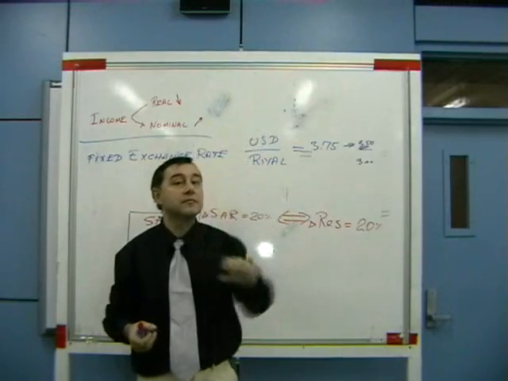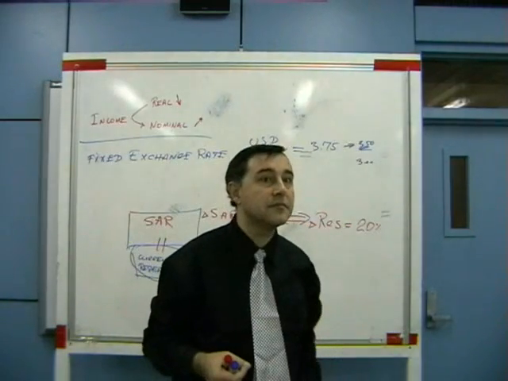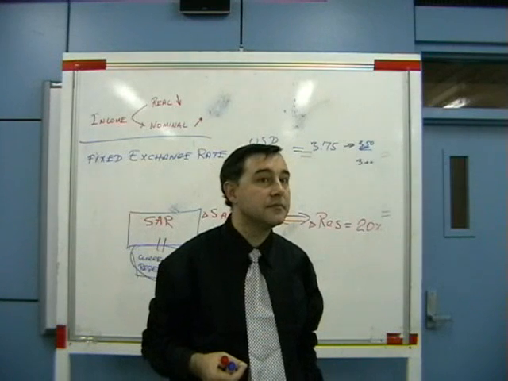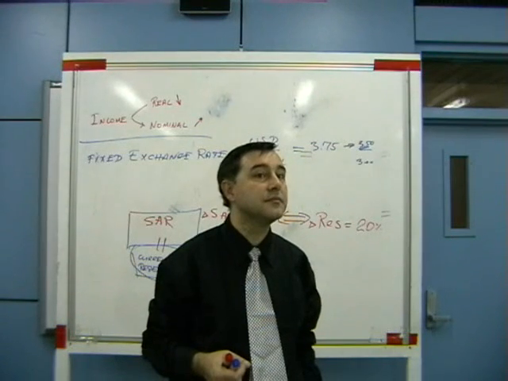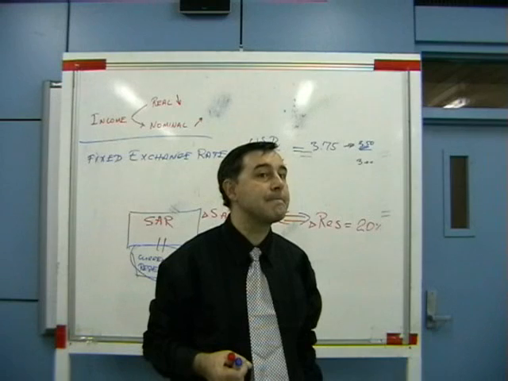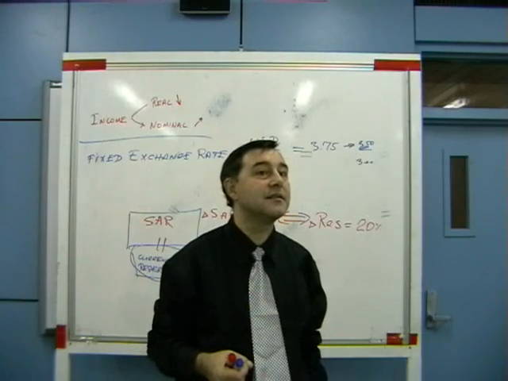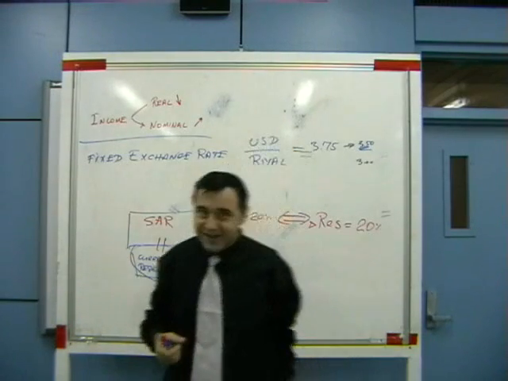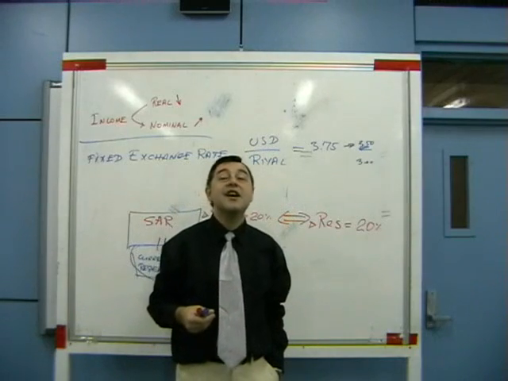I heard one of our professors say that when you look at it from the government's point of view, when they exchange dollars for 3.75 riyals, to them this is more money than exchanging it at 3.5 or 3. Correct.